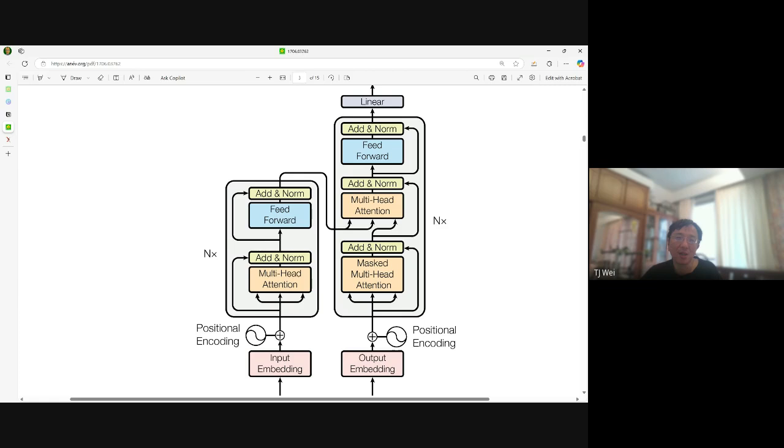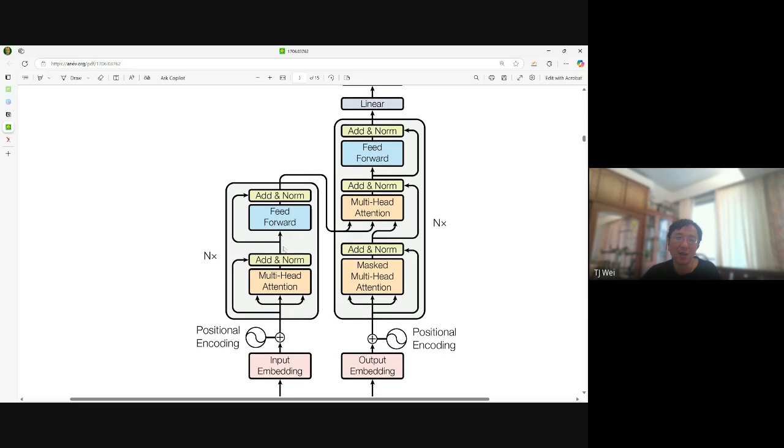In this original transformer, it used a layer normalization, and after the normalization, it gets a feed-forward network. And this feed-forward network is actually applied element-wise. That is, the multi-head attention is applied on the whole sequence altogether.